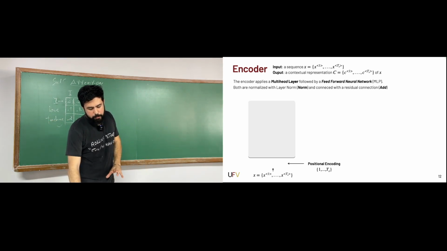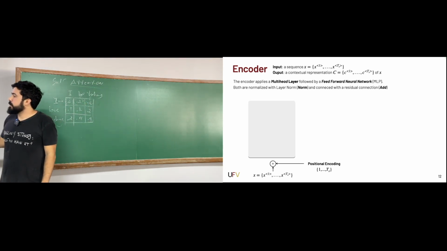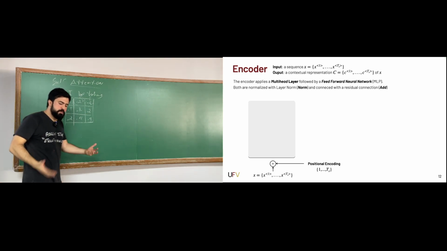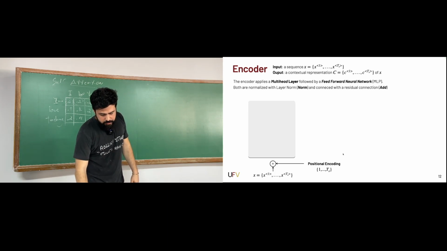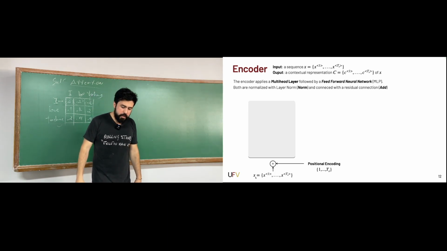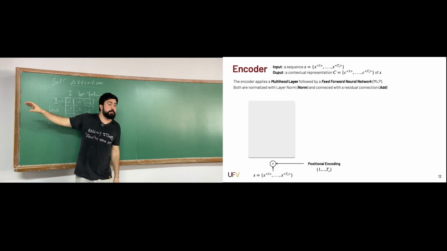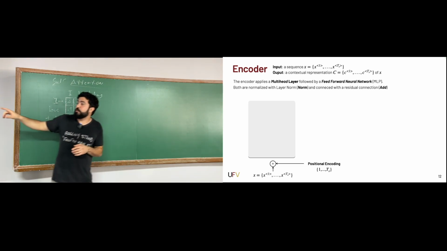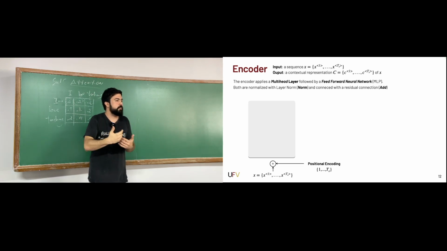There is one part that I'm going to leave to the end, which is the positional encoding. I'm going to talk about this in a minute, but I'm going to produce positional information for each of these words and sum this with my input sequence. And this part is fundamental because remember, we don't have recurrency anymore. If you didn't have this, the model wouldn't know which word comes before or after.